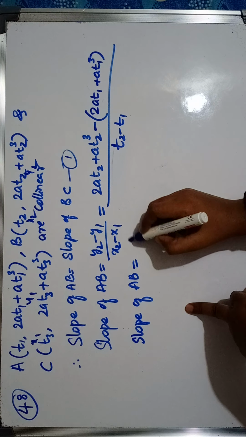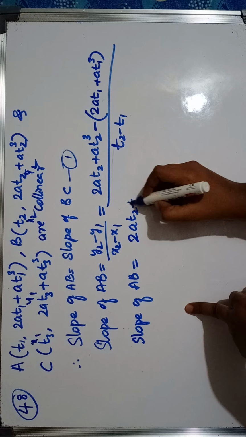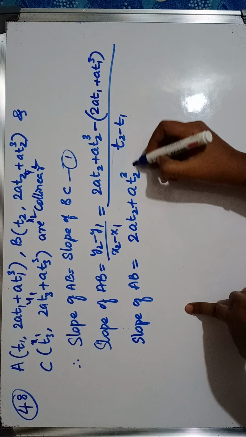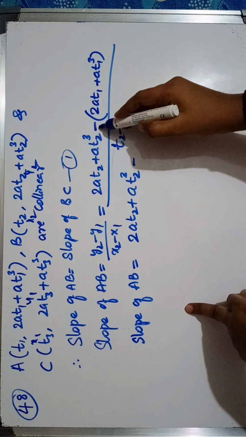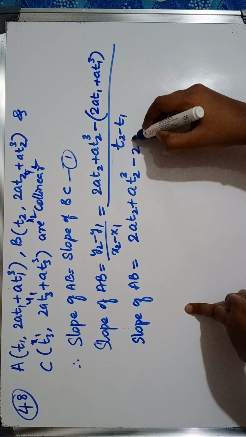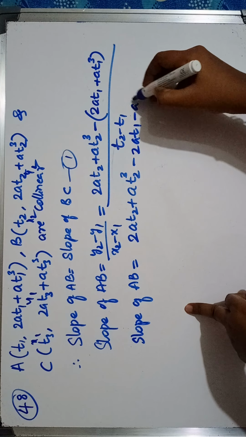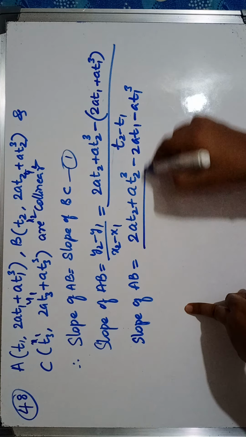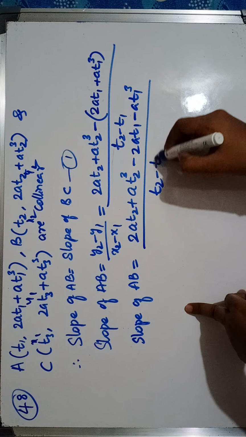is equal to, simplifying this, 2at2 plus at2 cube minus 2at1 minus at1 cube, divided by t2 minus t1.